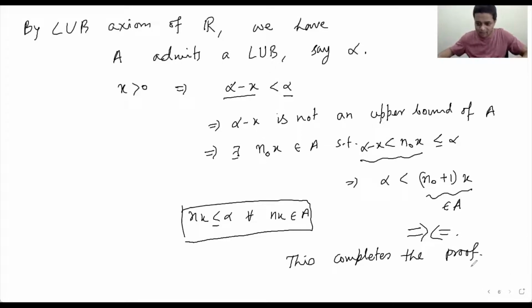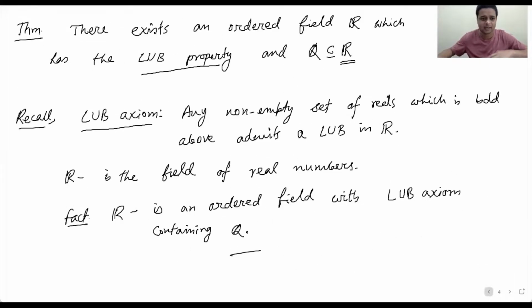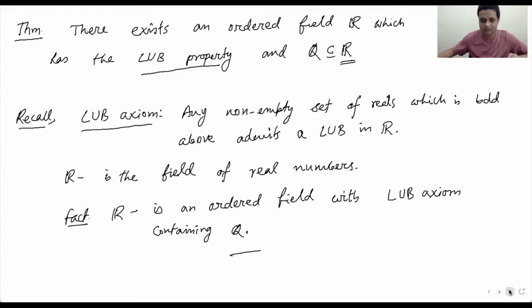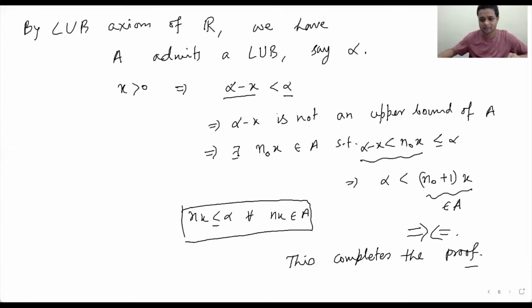So this is the Archimedean property. Now we move to the last item of today's lecture, which is the density property. Here we apply the Archimedean property. So let us go to the statement. Density property.